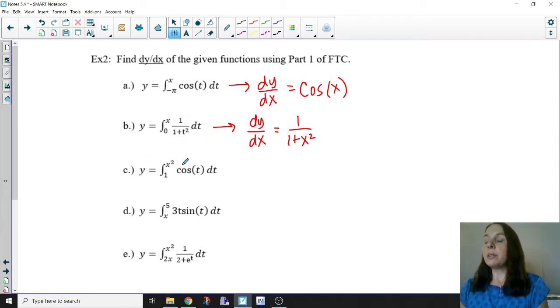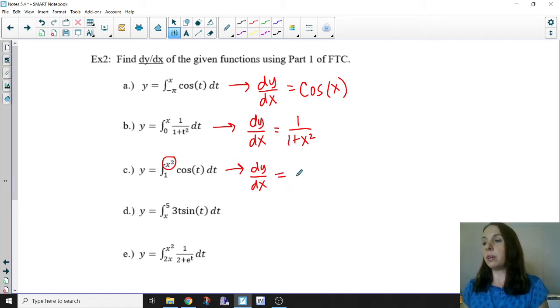Now, for this one, notice it's a little bit different. We don't just have a plain x, we have an x squared. Now, we could go through all of the steps of showing why this works the way it does, but I'm trying to keep this video short, so I am just going to tell you that if it's not a plain x, you need to apply chain rule, just like you would whenever you're taking any derivative of a composition of functions, and the inner function is not just a plain x.